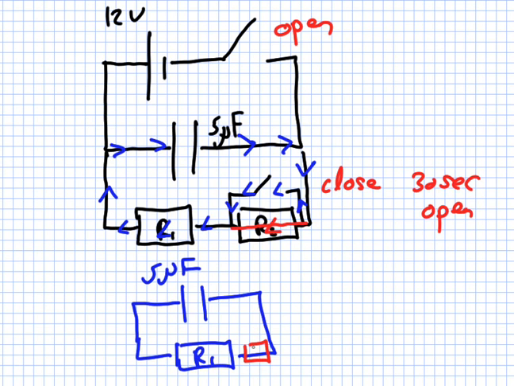It's like it gets 2 resistors. So are we clear what's happening? For the first 30 seconds, how many resistors are being discharged through? 1. And then 30 seconds later, R2 is connected, and it continues to discharge but through 2 resistors.